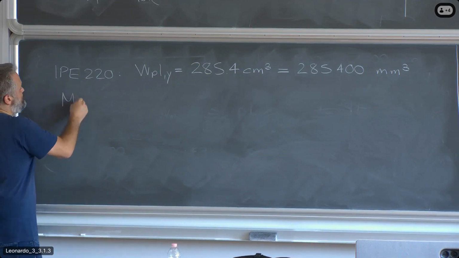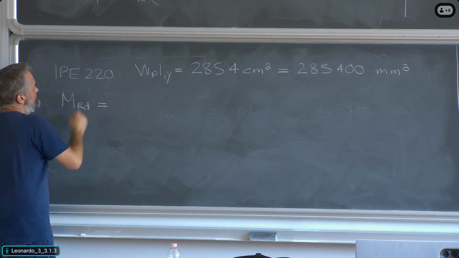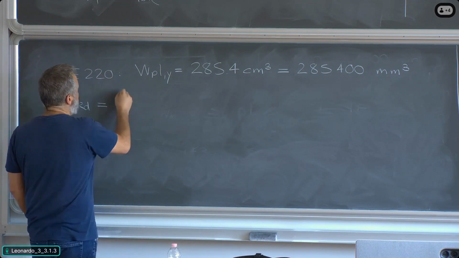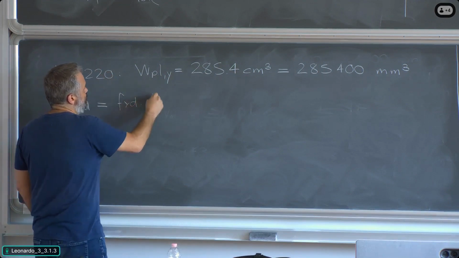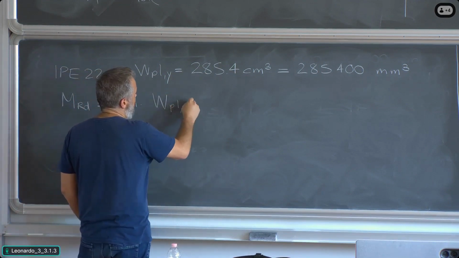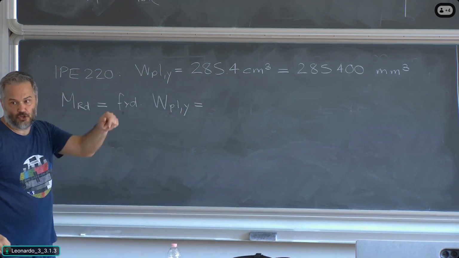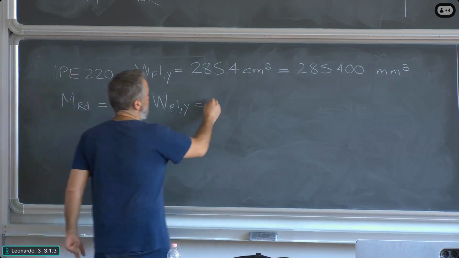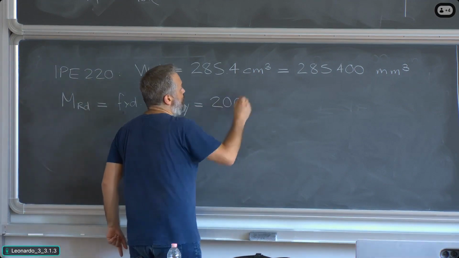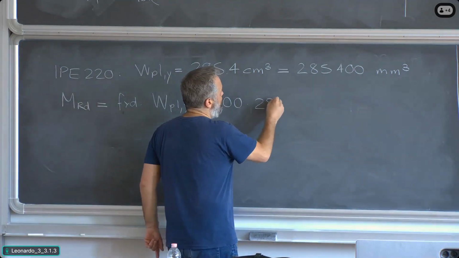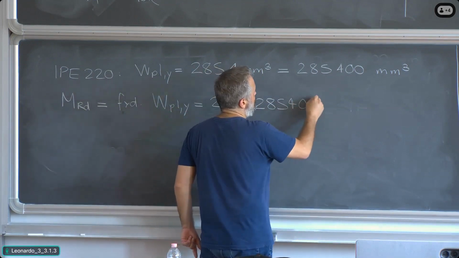What will be the resisting bending moment? Again, FYD times WPLY, 200 megapascals, which are Newton over square millimeter, times 285,400.